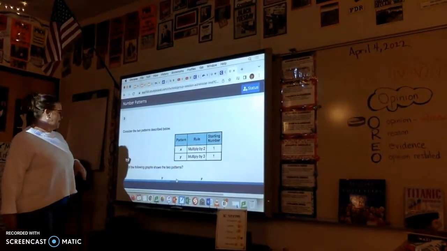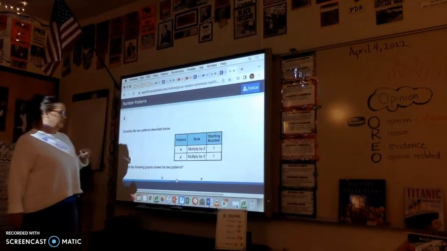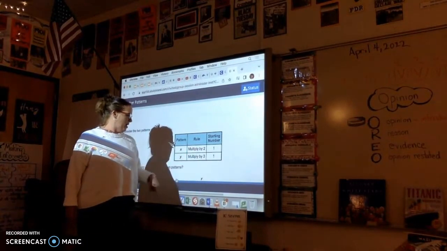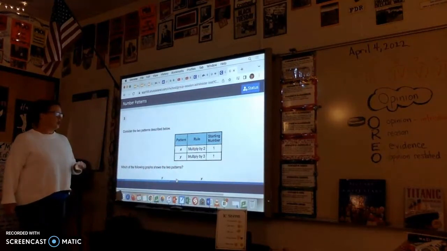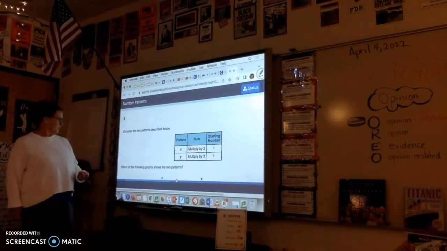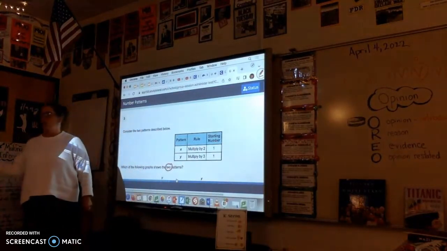All right, consider the 2 patterns described below. Okay, so multiply by 2 and multiply by 3. That's our starting number. Which of the following graphs show the 2 patterns? What's my key words here? 2. Are we looking for 1? No, we're looking for 2.